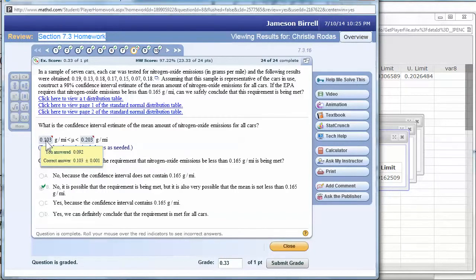Our confidence interval wraps around that very well. There's a very good overlap. So no, it is possible that the requirement is being met, but it is also very possible that the mean is not less than 165 thousandths grams per mile or whatever that is.